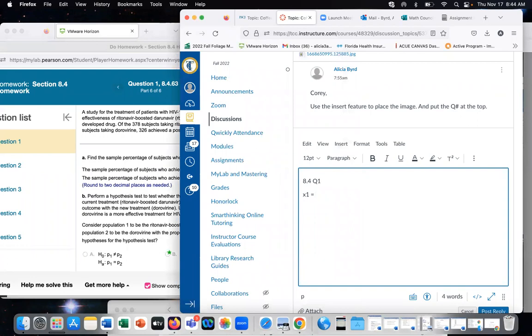X1 was what? 305. Perfect. What was the N1? 372. They have the same N's, very similar. Okay, and then N2. And X2 is 321. Okay, got it.